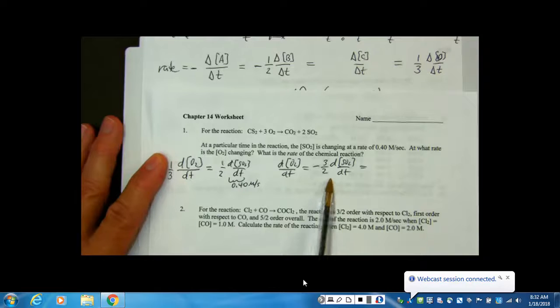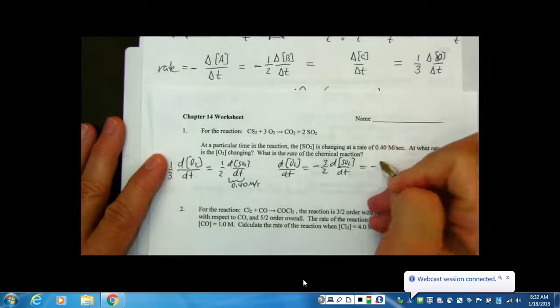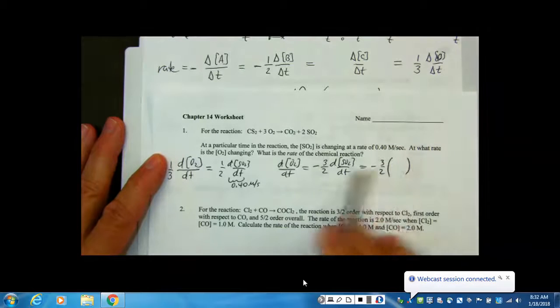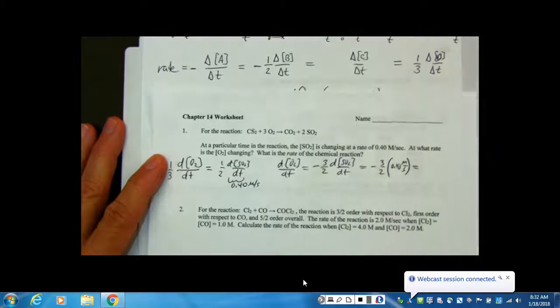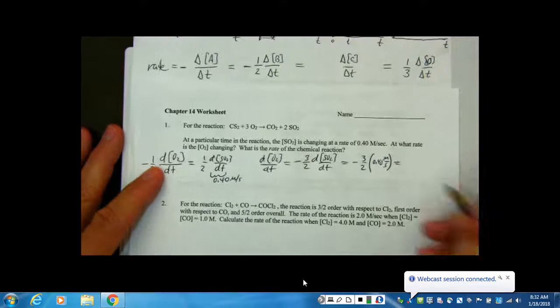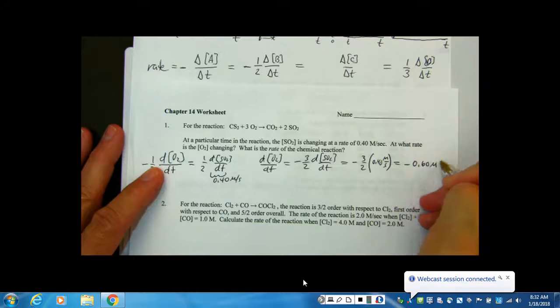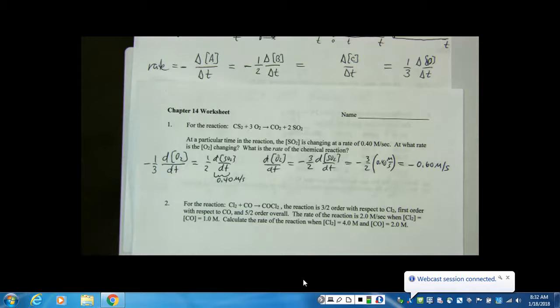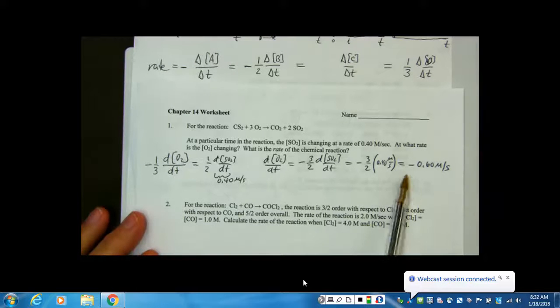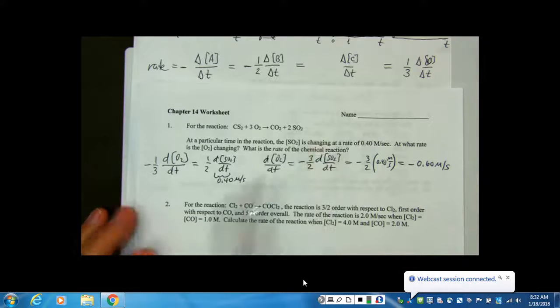Okay? So I know this is 0.4 molar per second, which then results in minus 0.6 molar per second. That's how much oxygen is changing instantaneously at this particular time when the sulfur dioxide is changing at 0.4 moles per liter per second.